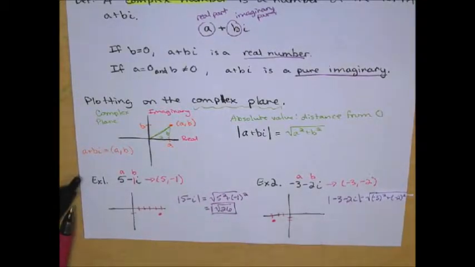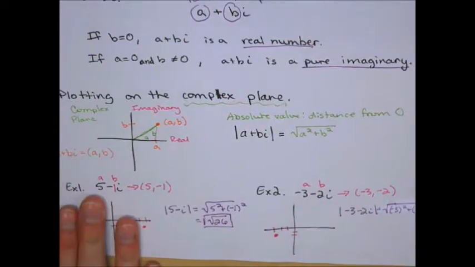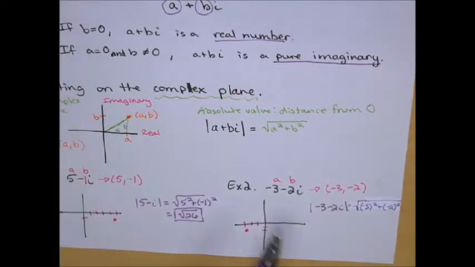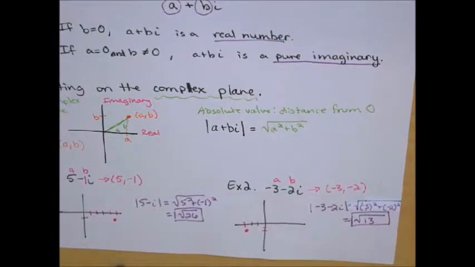There you go. Let me zoom in a little so you can see. So we have negative 3 squared plus negative 2 squared. 9 plus 4 gives me the square root of 13. So the distance from 0 is square root 13.